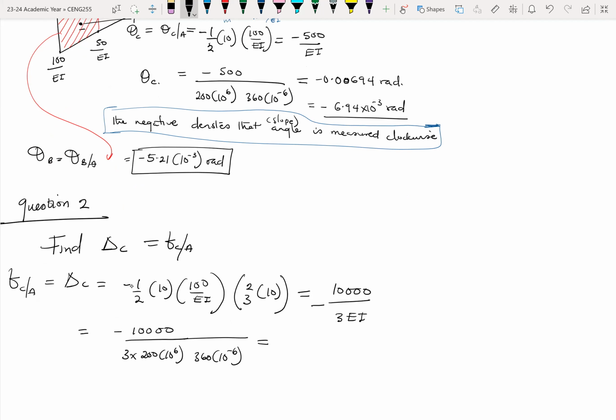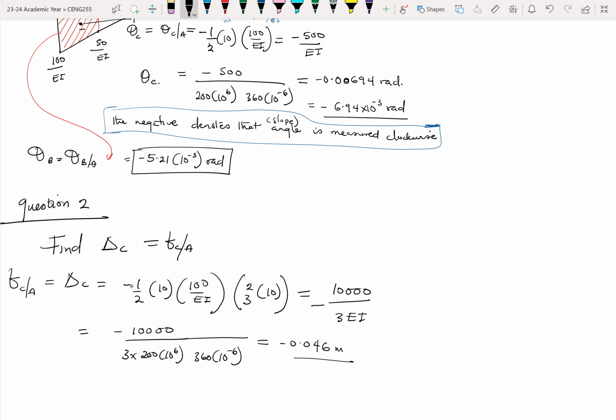Okay, so that'll give us, I think, minus 0.046, and this is in meters. Okay, because everything we're dealing with was in meters, so this is in meters.